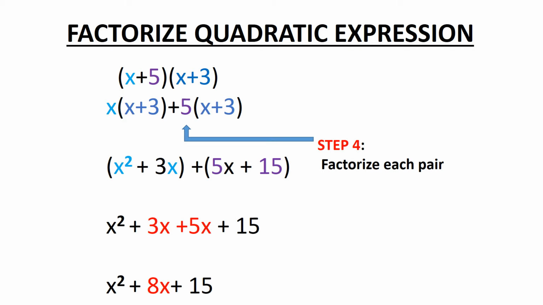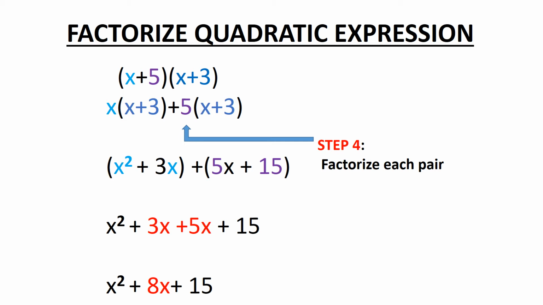So we examine x squared plus 3x. We look at the highest common factor of those 2 terms. The highest common factor of x squared and 3x is x. Therefore, we will factor out x. So we factor x out and then divide each of the terms, x squared and 3x, by x.